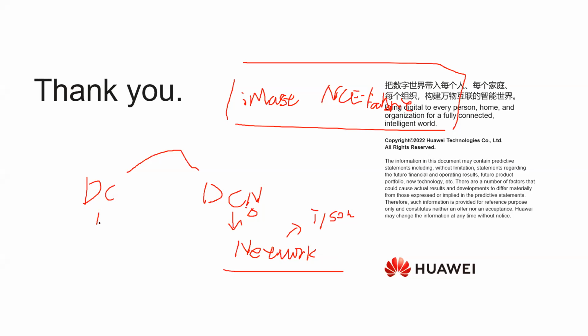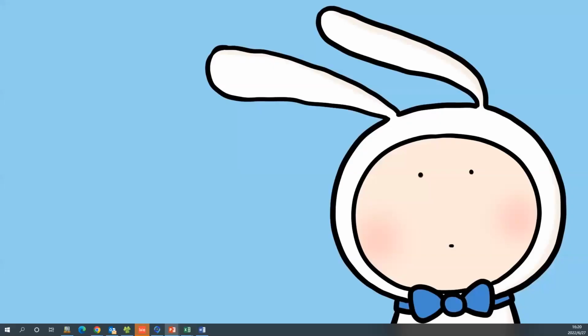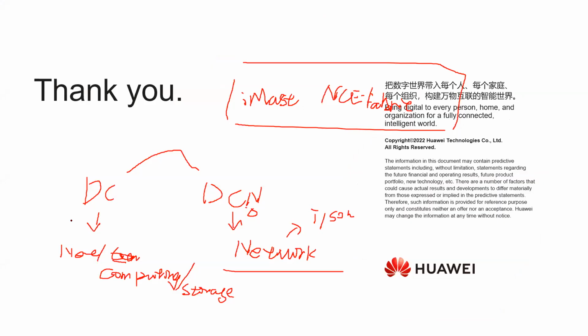And the DC is not only based on the network, but also on the computing, and also on the storage. It will talk about the whole scenario of the DC: the network, the computing, and the storage.